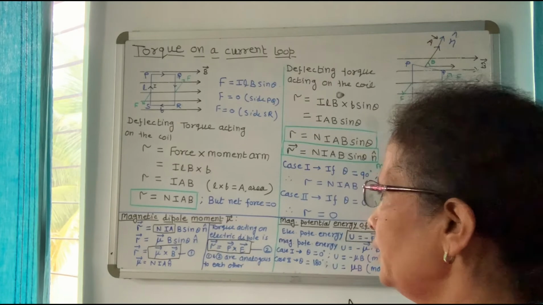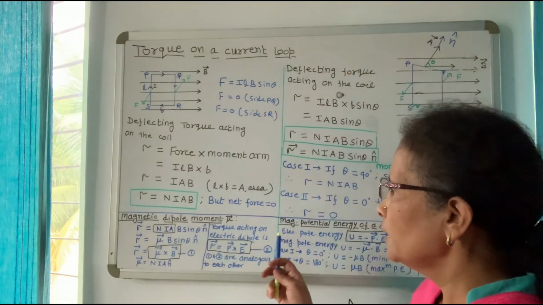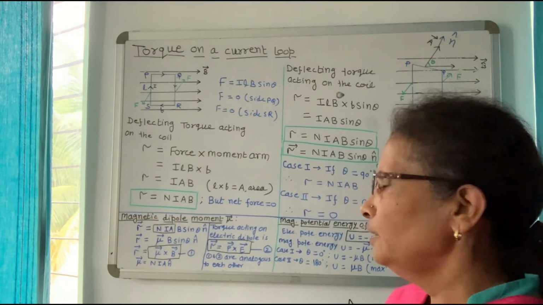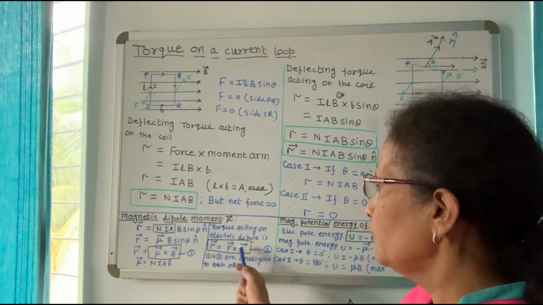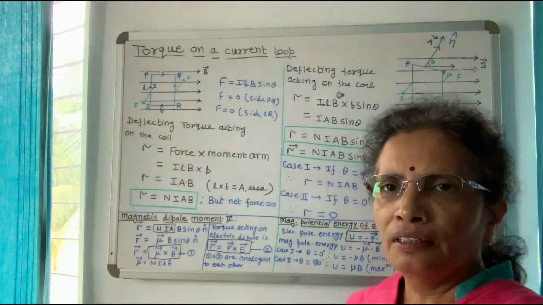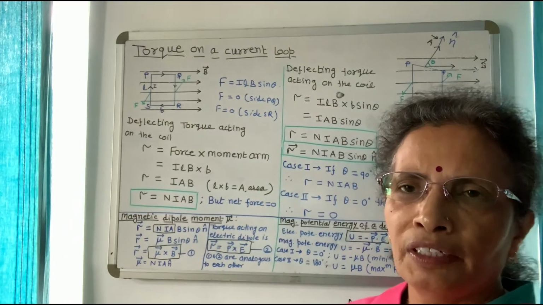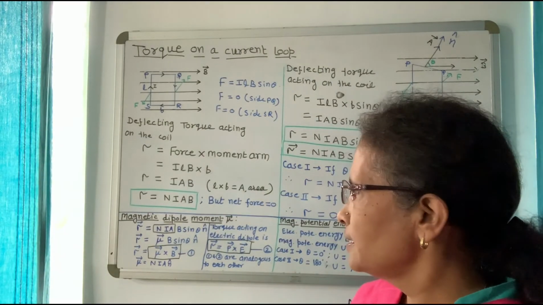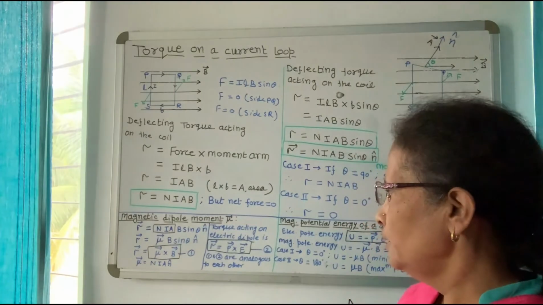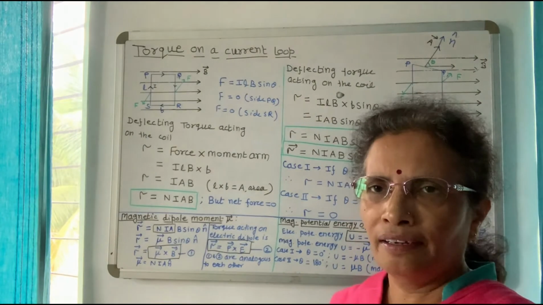Now see, in the electrostatics chapter, the torque acting on an electric dipole is given by P bar cross E bar. What is P bar? It is the electric dipole moment, the product of one of the charges multiplied by the distance between the charges, 2l. What is E? It is the external electric field.